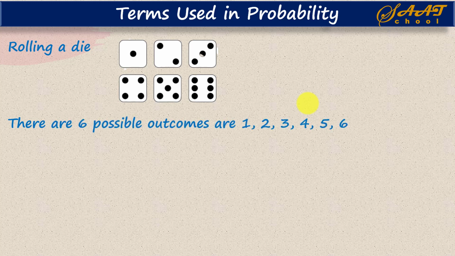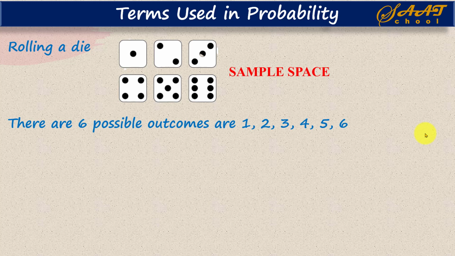It may be 1, maybe 2, maybe 3, 4, 5, and 6. All these are possible outcomes, and these possible outcomes in probability we call the sample space. As we discussed earlier, when you toss a coin, there are 2 possible outcomes, either head or tail, and that is called the sample space.